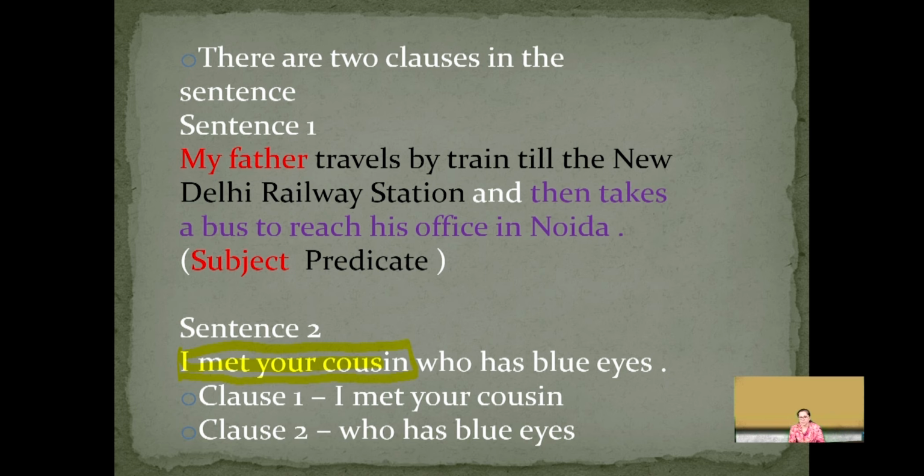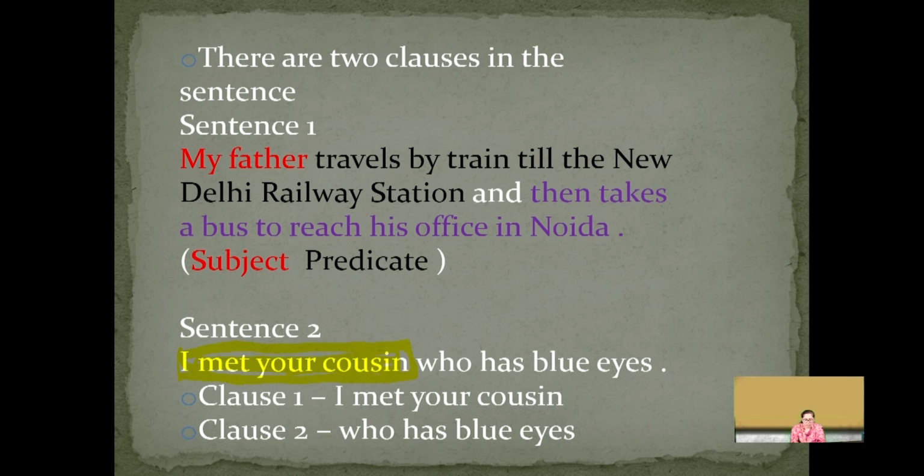I met your cousin. Yes, obviously it is making complete sense. Therefore, this kind of a clause is labeled as the main clause or the principal clause or the independent clause also. So there are three terms. What are these? The main clause, the principal clause, or the independent clause. These are the three terms that can interchangeably be used for this kind of a clause.